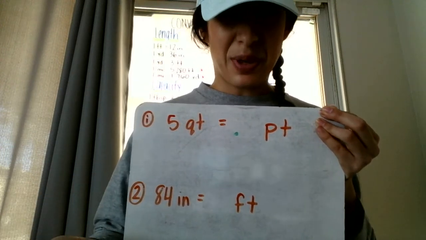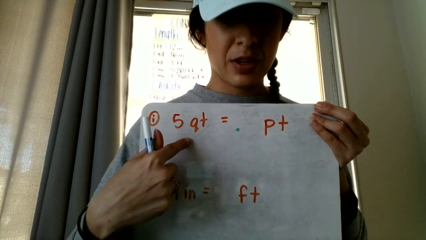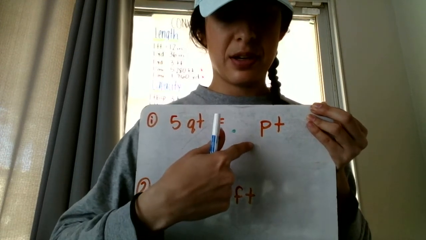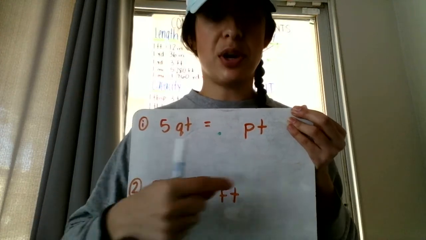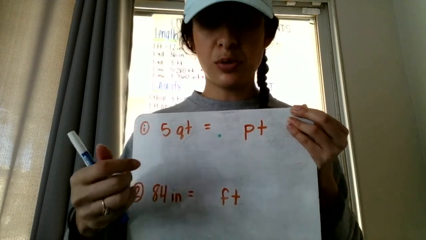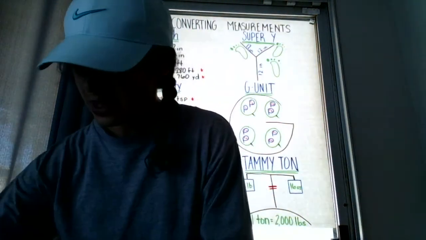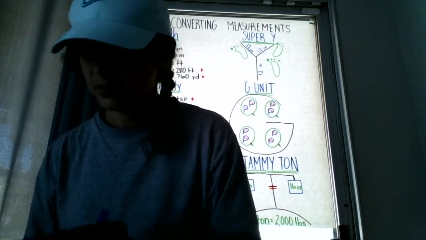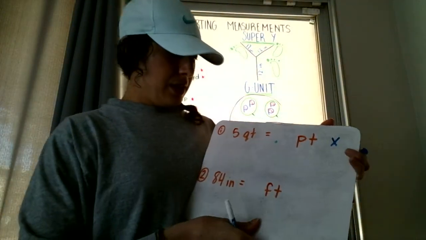Okay, how do I do that? So first, let's think. I'm going from quart to pint. I know quarts is that big juice box and pints the little water bottle. So I know I'm going to multiply, right? So I'm just going to put an X next to this problem. Okay. Now let's think.